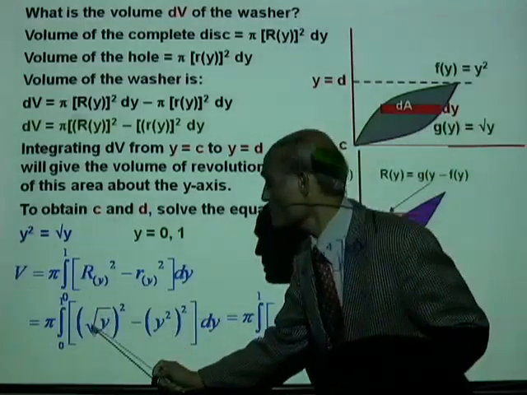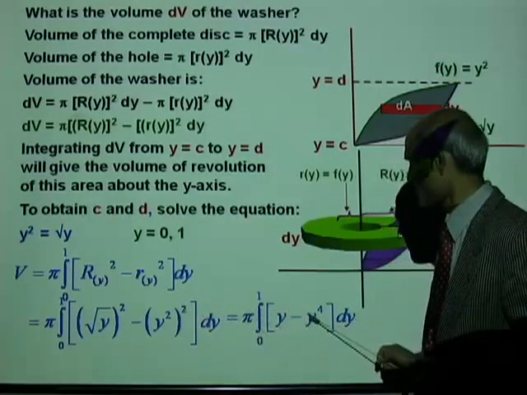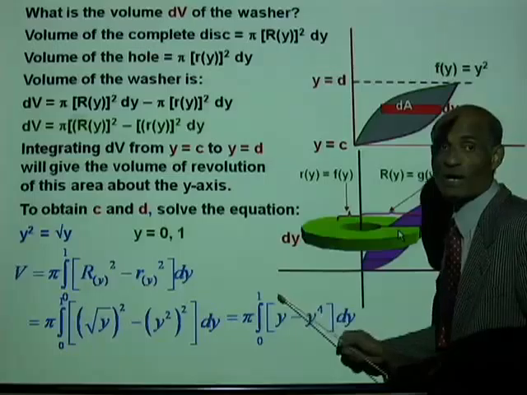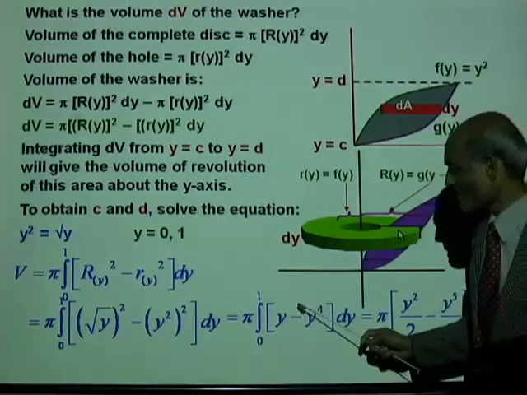Well, you can see square root y squared will be y and y squared to the power of 2 is y to the power of 4. And it is easy to evaluate this integral. Is that right? Can you do that?